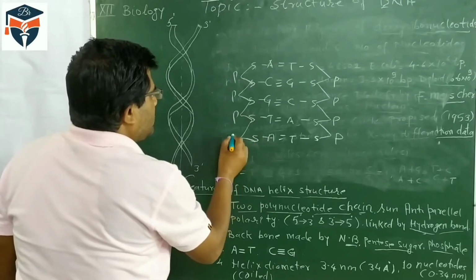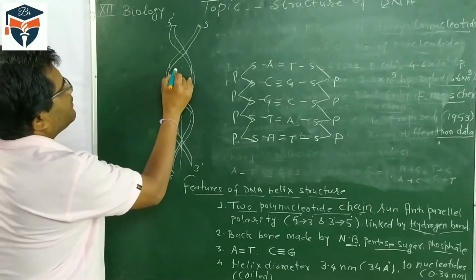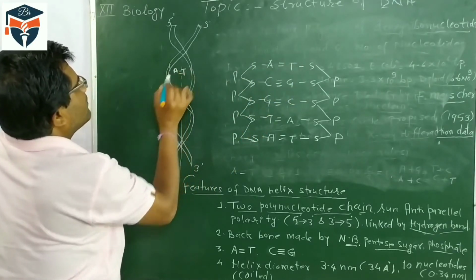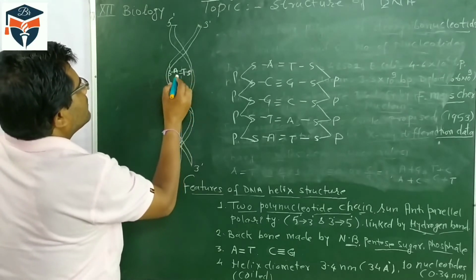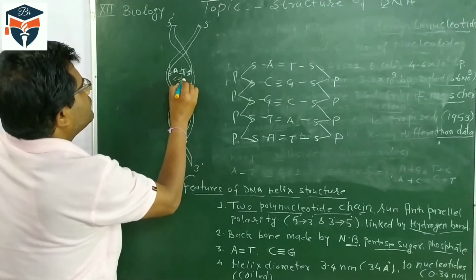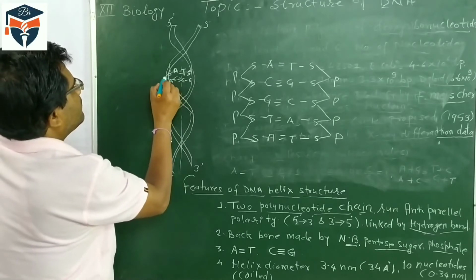It means if I am indicating here adenine double bond thymine, then here is a sugar, here is also sugar. Then cytosine combining with guanine, sugar, here is also sugar, and this combining with the phosphate.